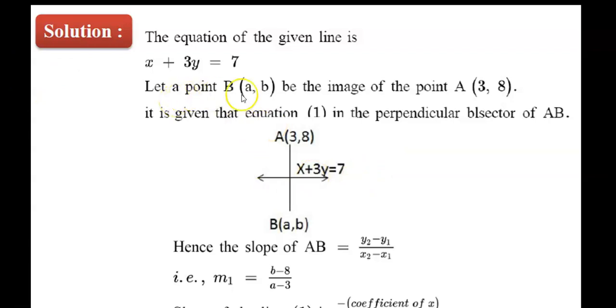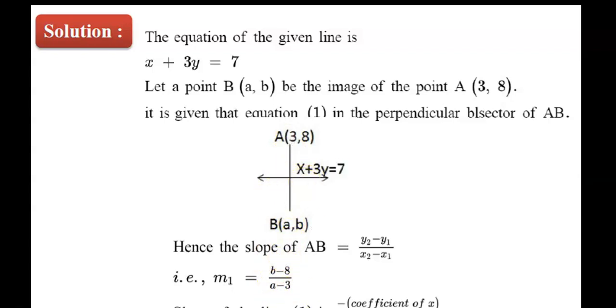You see, this is the point B, a comma b is the image of the given point 3 comma 8. Therefore, the slope of AB, when you take (y2 minus y1) by (x2 minus x1), taking a and b as x2, y2, and 3 and 8 as x1, y1, you will get the slope of the line AB as (b minus 8) by (a minus 3). What is the slope of the given line?